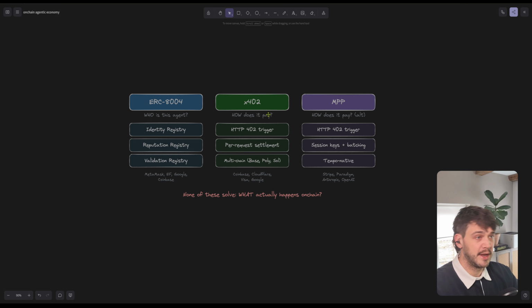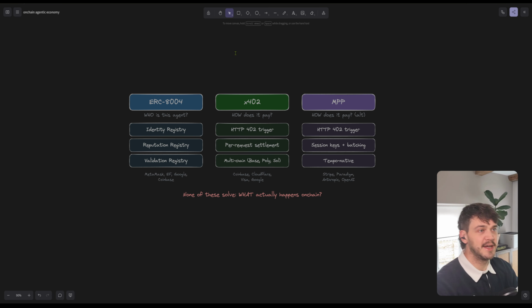The first one, x402, is Coinbase's payment layer. This protocol is HTTP native, which means it uses the HTTP 402 Payment Required status code, which has been reserved since the 90s. Basically, an agent will request a resource, and the server will respond with a 402 plus payment instructions in the header.